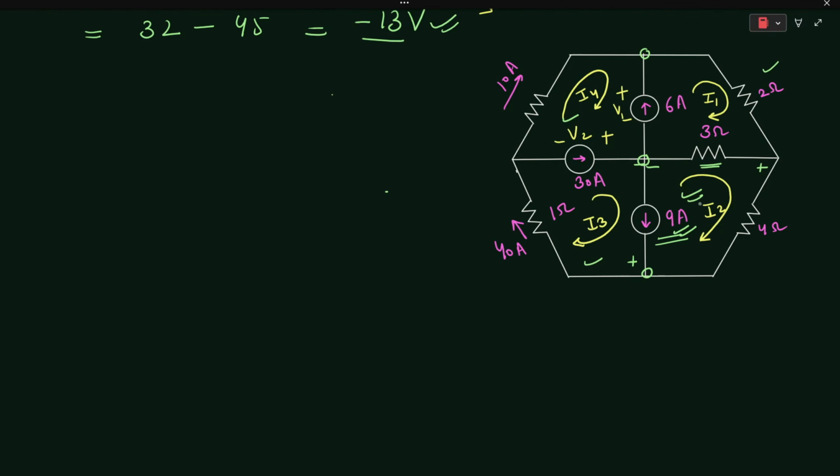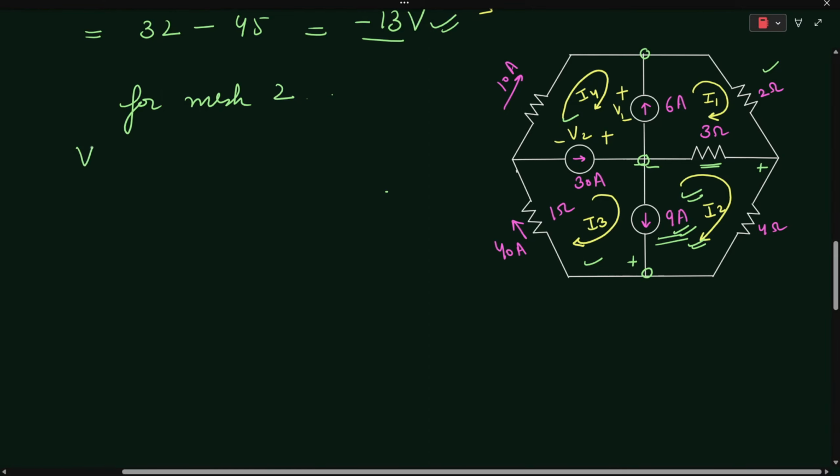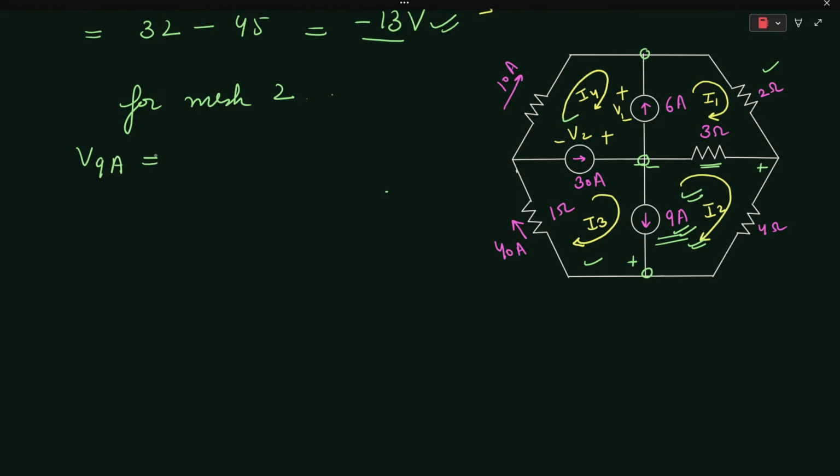Similarly, we can apply the same principle for mesh 2. In order to find the voltage across the 9 ampere current source, for mesh 2, since the current is flowing in the opposite direction, the voltage across 9 ampere will be equal to minus 4 I2 minus 3 times (I2 minus I1).